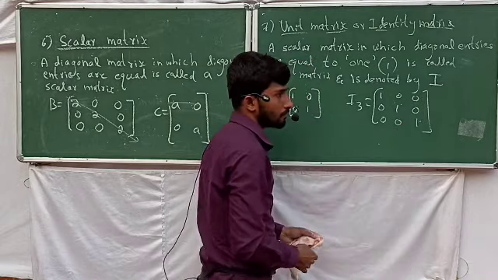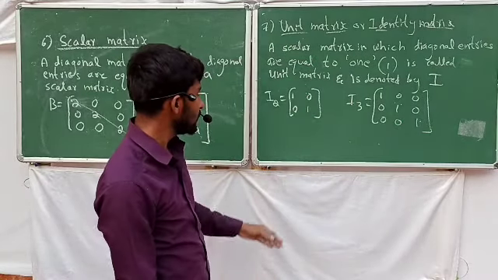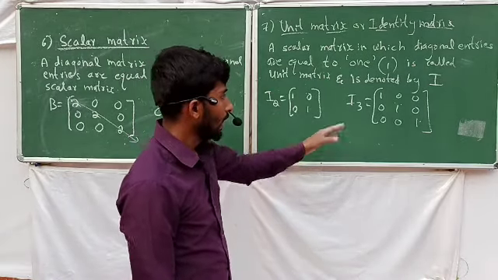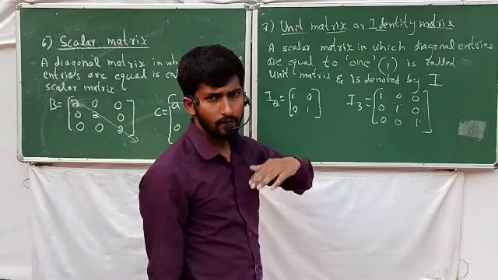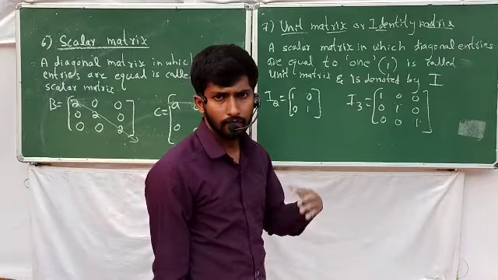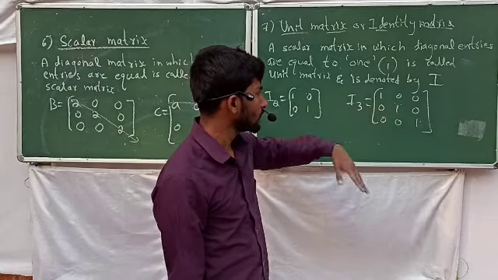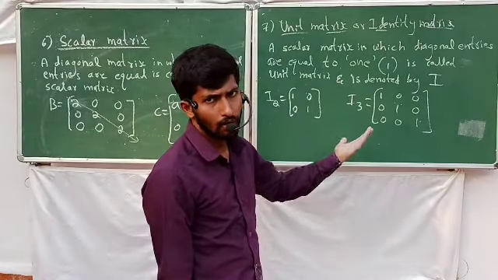Okay, these are examples of identity matrix. Clear? I2 represents the identity matrix of order 2. I3 represents the identity matrix of order 3. Similarly, you can write I4 or I5 or I6, meaning identity matrix of order 4, 5 or 6.